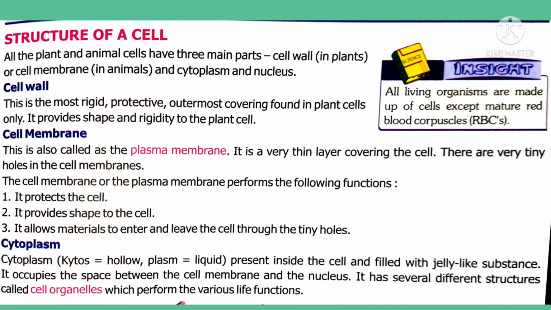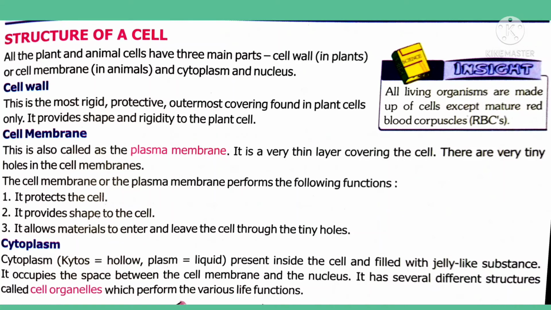That means between the nucleus and cell membrane, the cytoplasm is located. It has several different structures called organelles. The cytoplasm contains cell organelles like mitochondria, lysosome, ribosome, endoplasmic reticulum, etc.